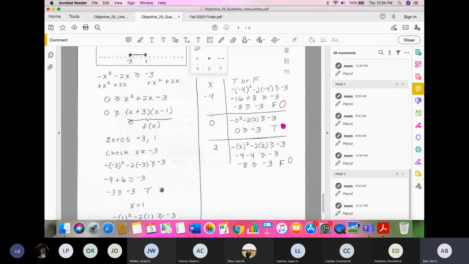-2 times x, we're checking x equals -3. So we get -2 times -3 right here, greater than or equal to this -3.